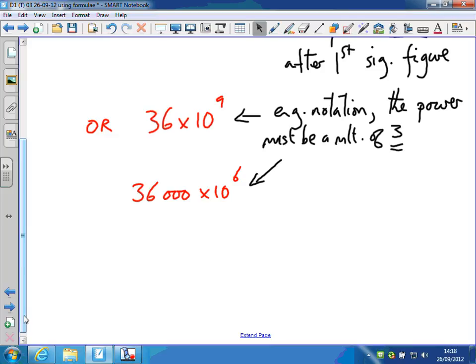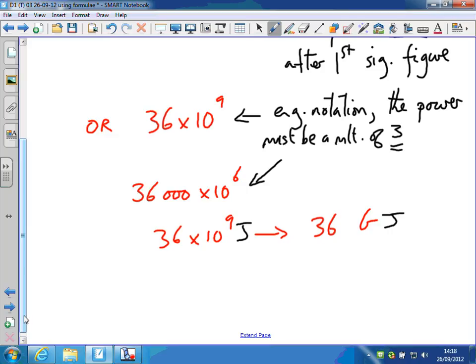And the reason why we do it is because 36 times 10 to the 9 could be written as 36 giga, whatever unit we're talking about. So 36 times 10 to the 9 joules, if we're talking about energy, will be 36 gigajoules. So we need to know those prefixes, and I will list those probably next week now.